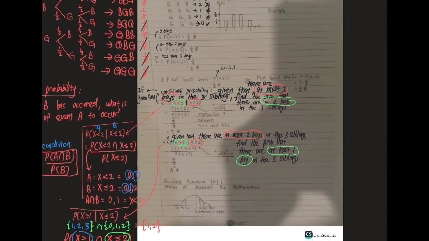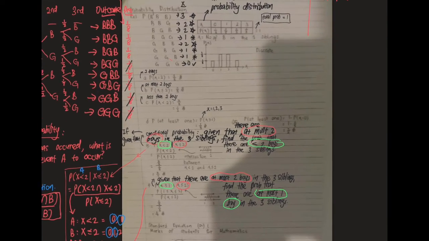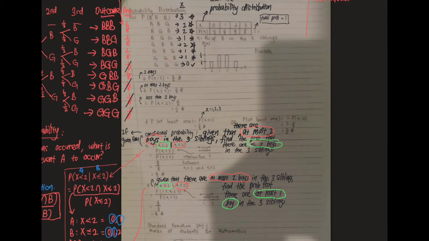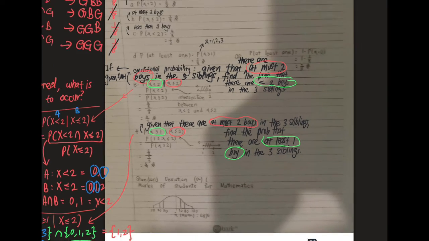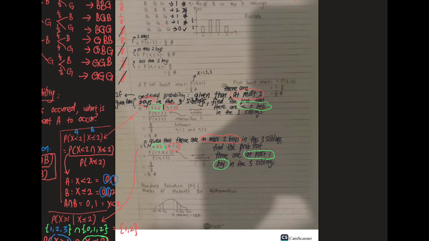Okay, the table which is up here. So which is the probability of 1 and the probability of 2. 3 over 8 plus 3 over 8, then you get 6 over 8. So you get 6 over 8 up here. At the bottom, 7 over 8, which is P(X less than or equal to 2), our previous result under this at most 2 boys.